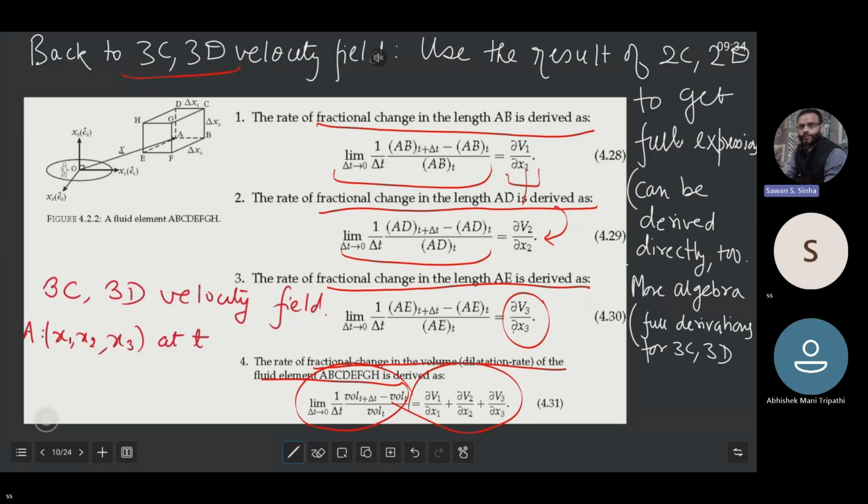SI unit of every quantity here is per second. Right? It is a rate, that's why per second, and everything is in fraction, that's why length in meter or meter cube is not coming, because we have always normalized by the original value of the respective quantity. All right.